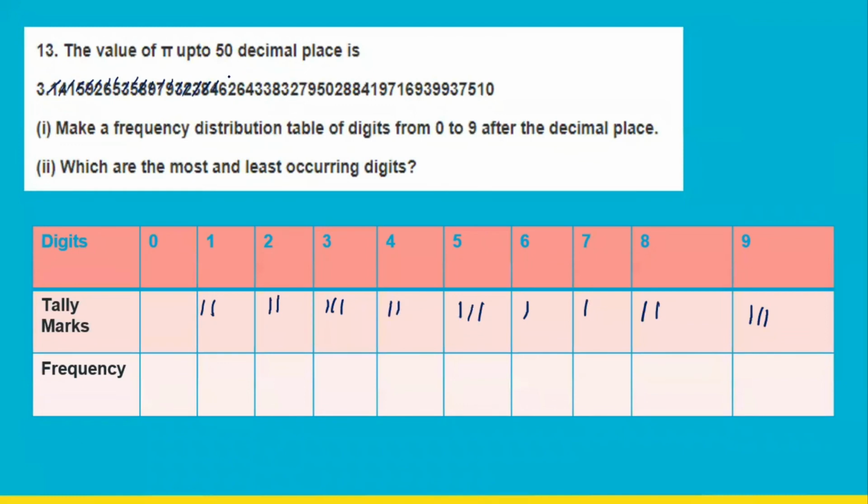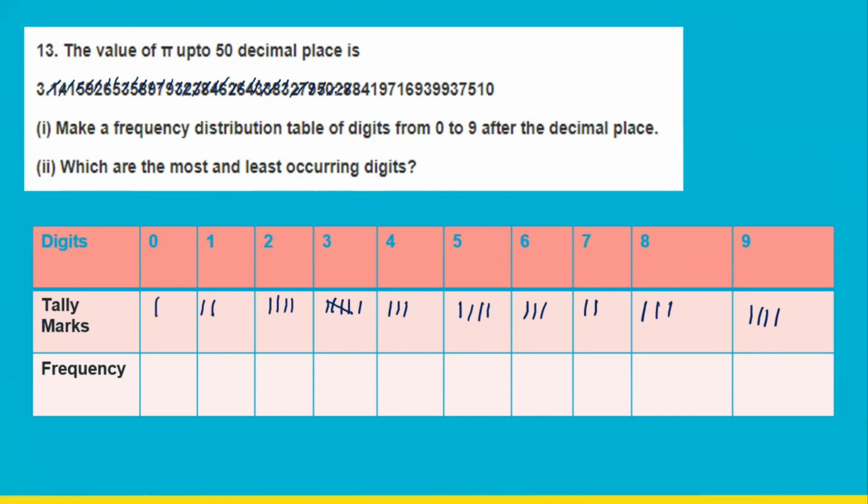Be careful. 4, 6, 2, again 6, 4, 3, 3 is twice, then 8, then again 3, then 2, 7, 9, 5, 0, 8.